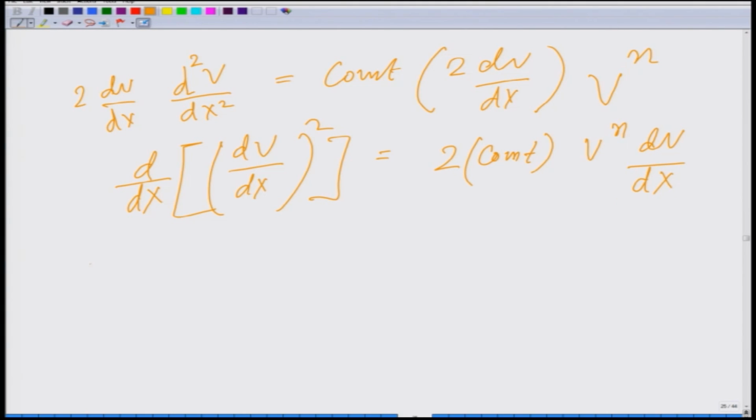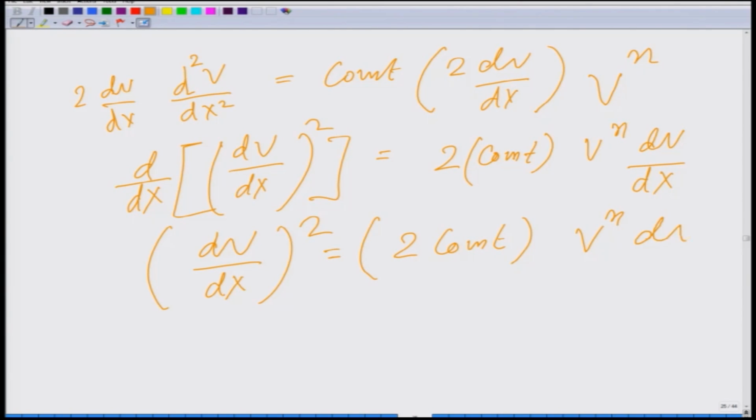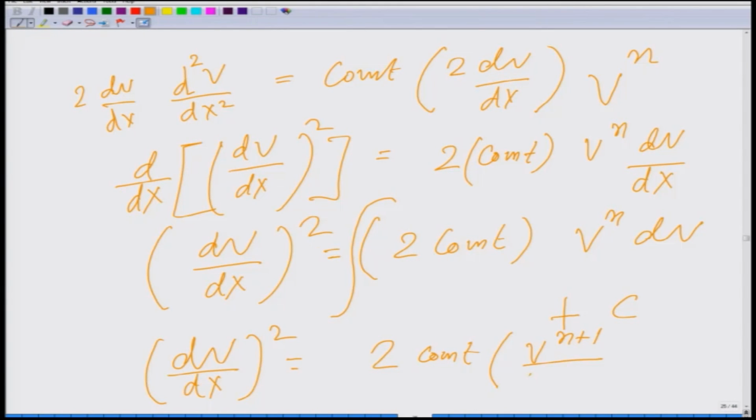So, when you integrate this, you get (dV/dx) square is equal to 2 times the constant and then V^n dV, plus some constant, say C. Okay. So, you basically get (dV/dx) square is 2 times constant times V to the power n plus 1 by n plus 1, and then the constant C.